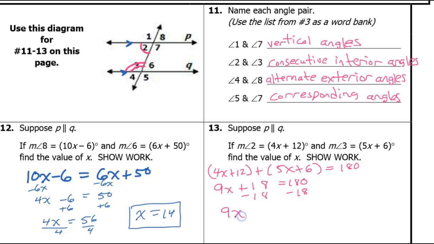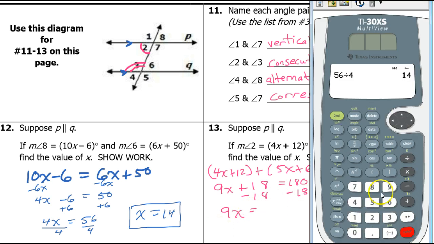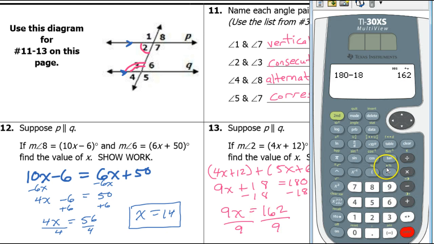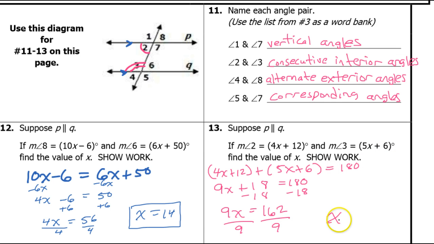So I'm going to get 9x equals 162. And then I divide both sides by 9. And I get 18. So x is equal to 18.